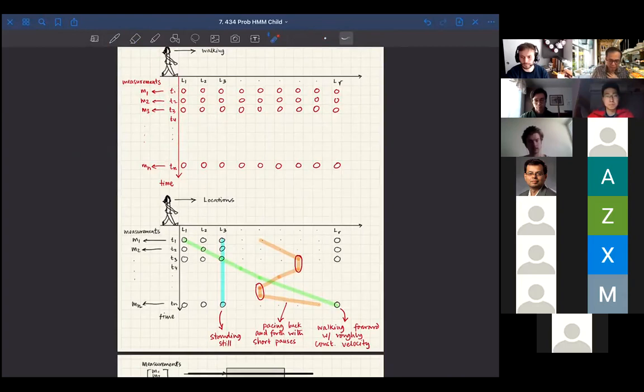So you can think of the user's state as at time t1, the user can be anywhere among all these locations. At time t2, the user can be anywhere among all these locations. And based on the measurement, it might say the user is over here at time t1. The measurement might say the user is over here at time t2. The measurement might say the user is over here at time t3, and so forth.